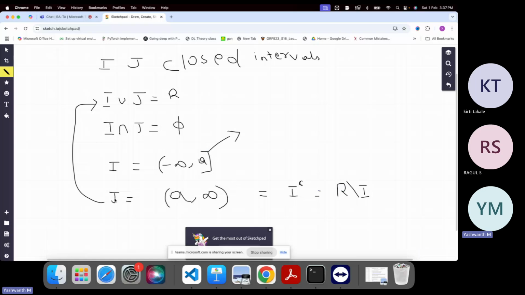And we ended up getting J to be I complement. I is closed, so I complement is open, J is open, right? So this again contradicts our assumption that I and J are closed. So it's not possible to write this when I, J are closed and satisfying these conditions. Okay.